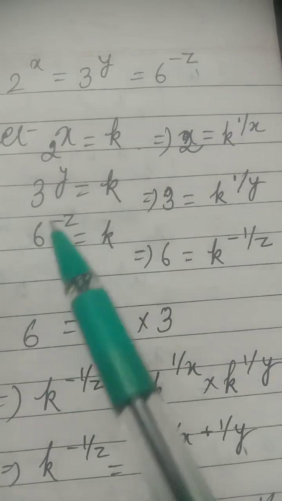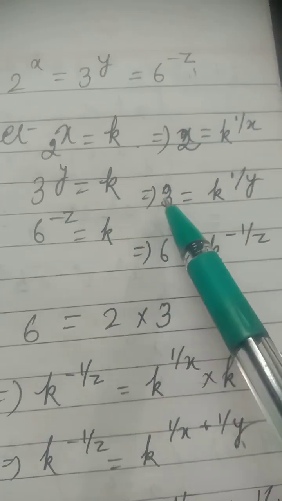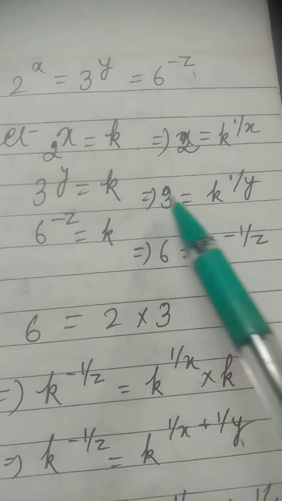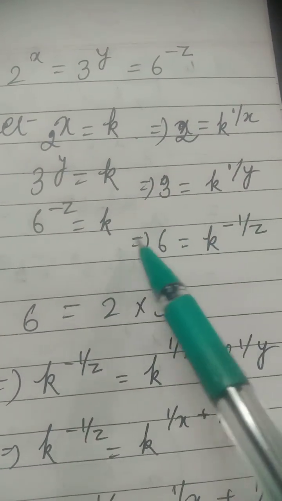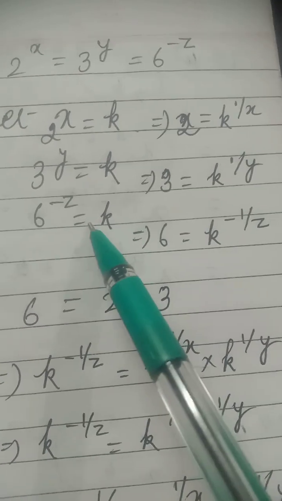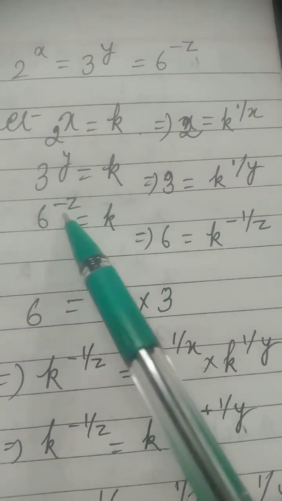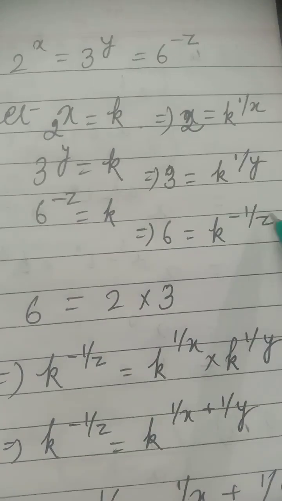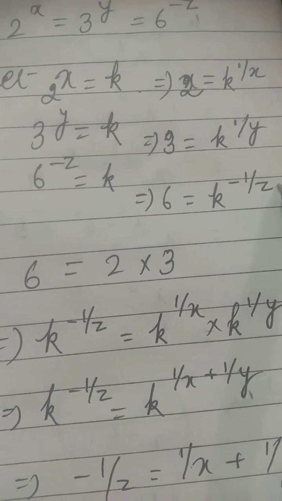Now let's change 3 to the power y equals k. So we'll write 3 equals k to the power 1 by y, and 6 equals k to the power minus 1 by z. As this has changed side, on the opposite side it will become its reciprocal, minus 1 by z.